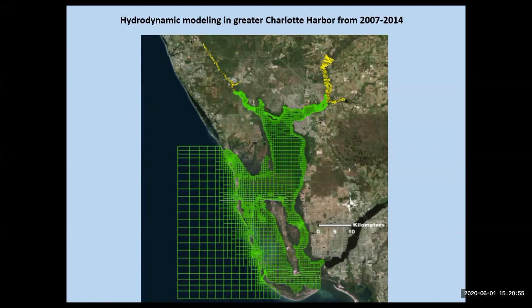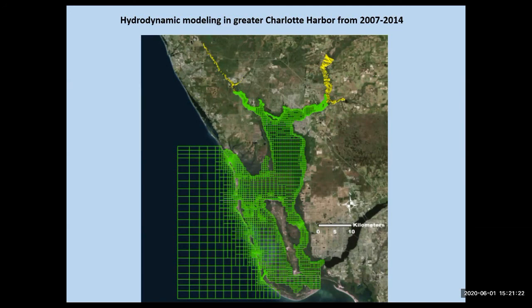But to do that, he's modeled it all the way down past the mouth of the Caloosahatchee. And he's got a hydrodynamic model that predicts salinity and temperature yearly from 2007 to 2014. It's a complicated model that has two components, a 3D submodel and a 2D submodel.